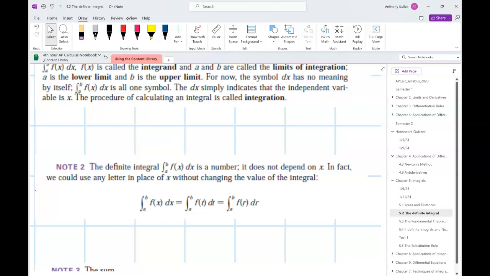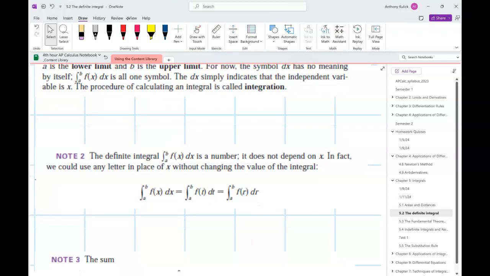It doesn't matter, they all mean the same thing. The name of the variable is just a name. It gives you the same answer. Is everybody okay with that? Okay.